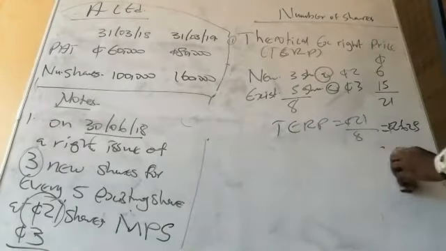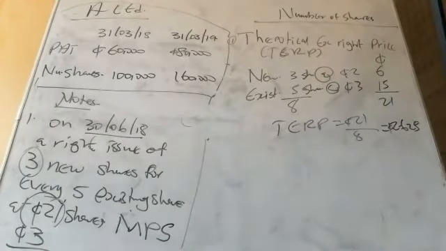Step 2, calculate the total proceeds. What will be the total proceeds? The total proceeds is nothing but the number of shares times the right issue price. How much did you receive from the proceeds? So it's nothing but the number of shares times what?